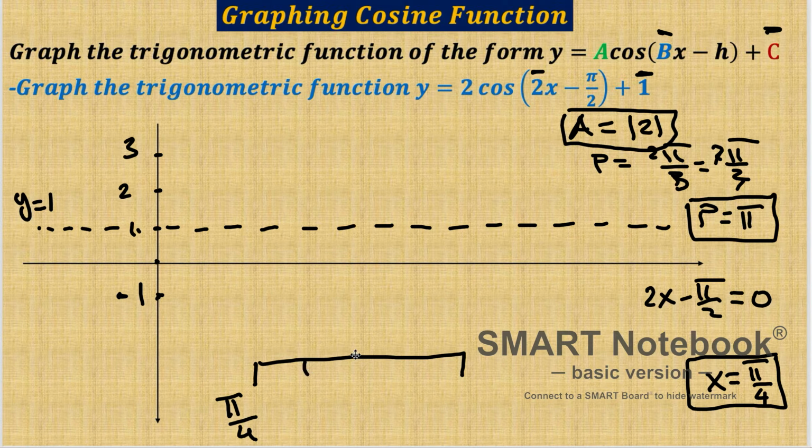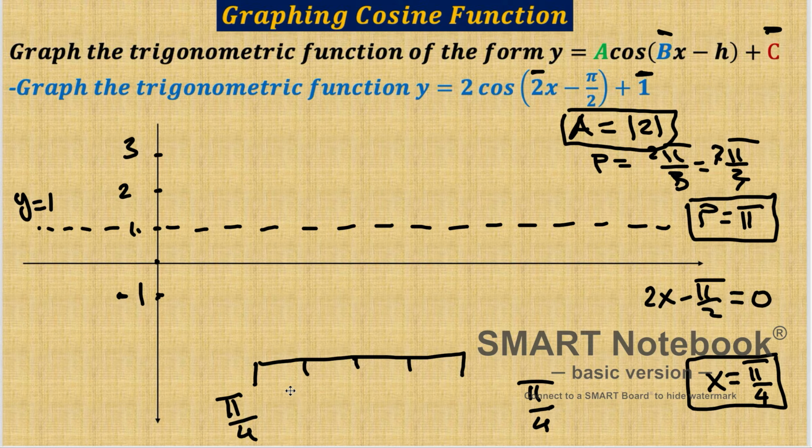Let's say here is 1 space, 2, 3, and 4. We already know we start from pi over 4, and the whole period is just pi. If we start from pi over 4, just 1 space is pi divided by 4, which is pi over 4.